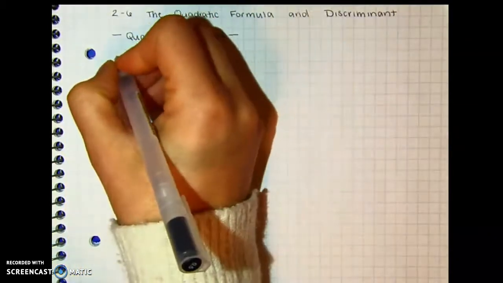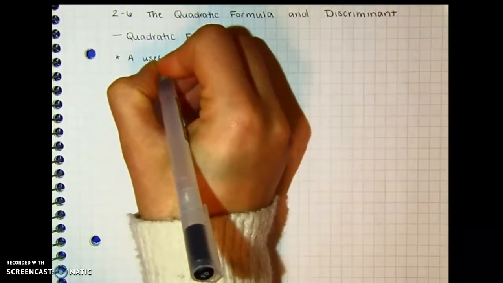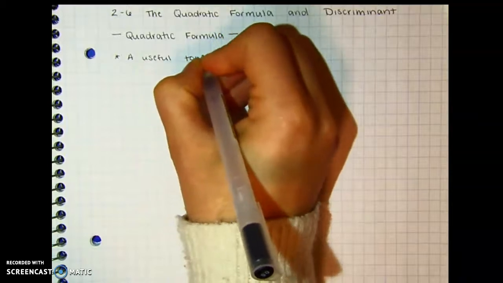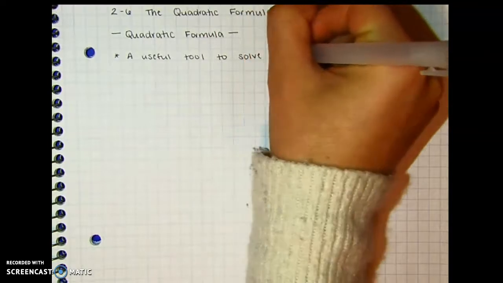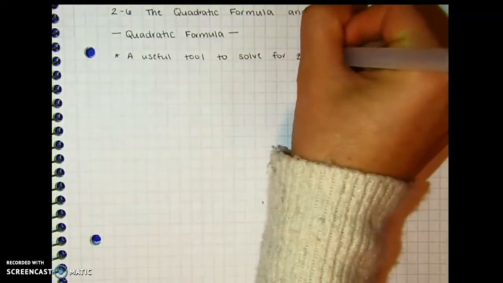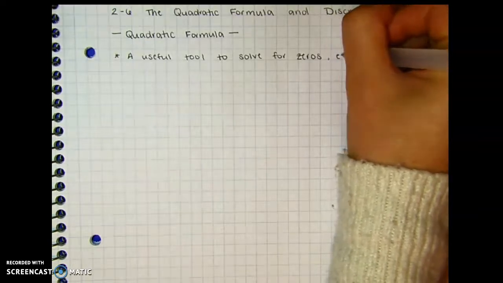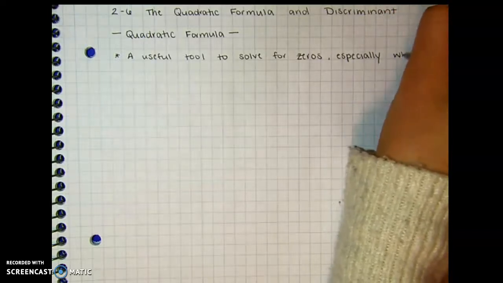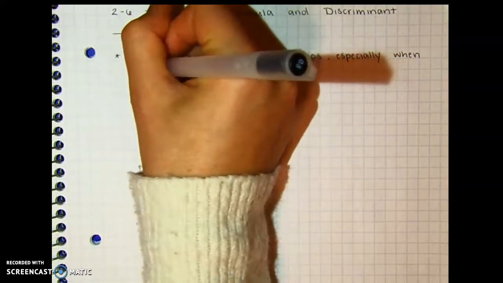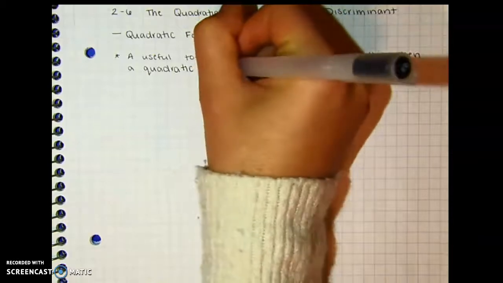So this is a useful tool to solve for zeros, especially when a quadratic cannot be factored.